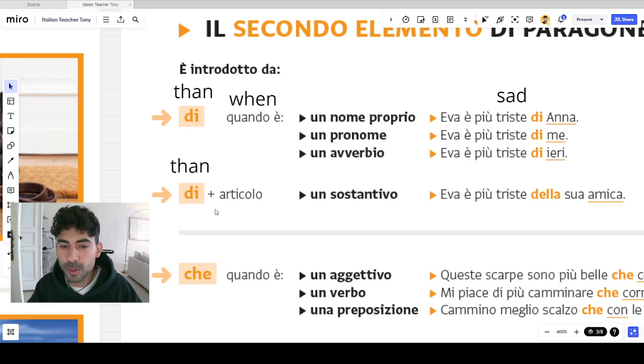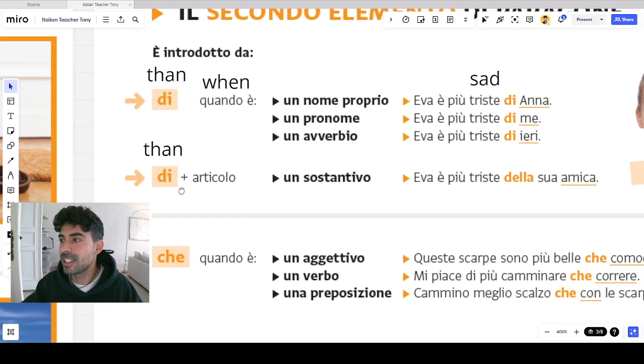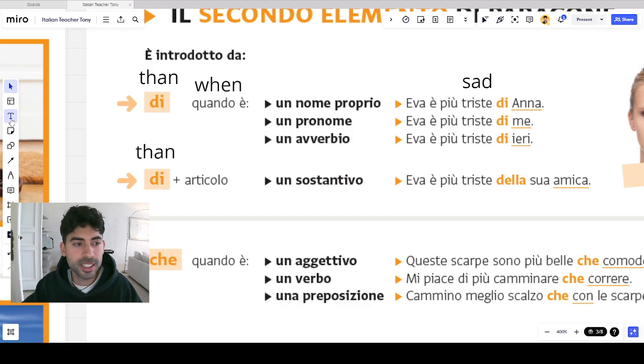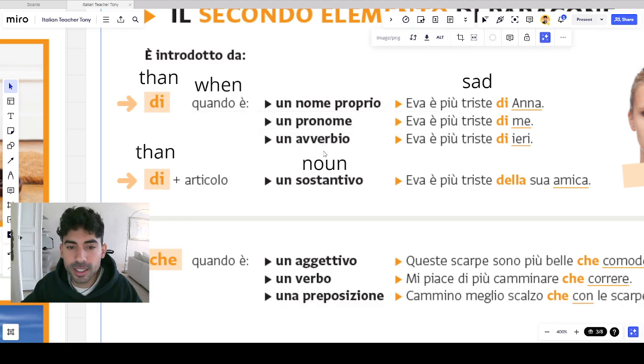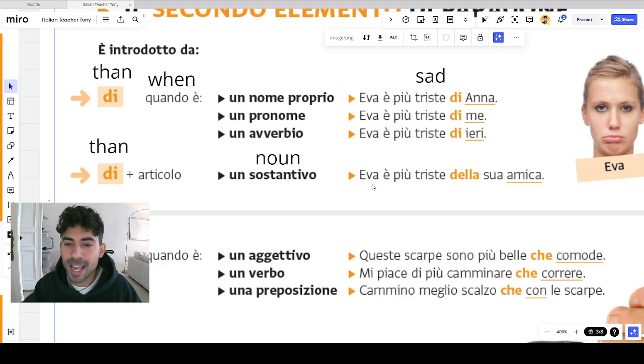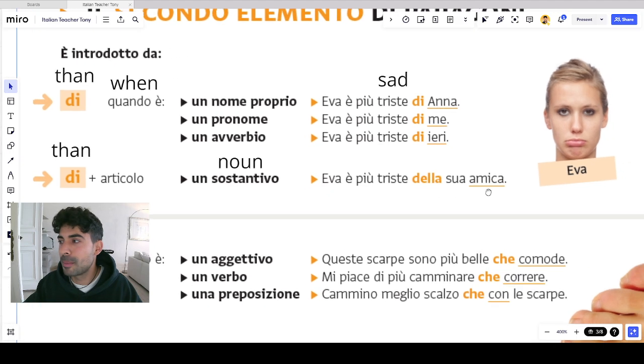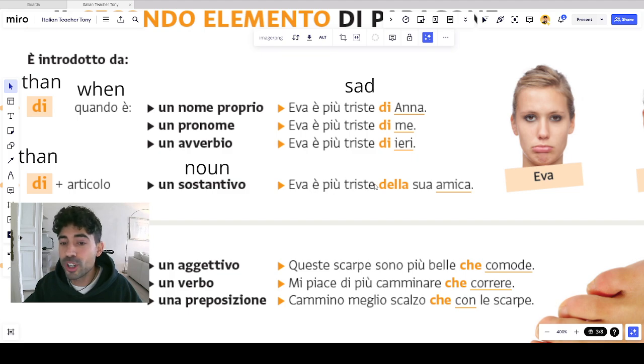Well, you will be using it when the comparison is done with a noun. Sostantivo is noun. But the difference with this noun here is that nome proprio means noun of a person. This is a generic noun. For example, Eva è più triste della sua amica. Eva is more sad than her friend.